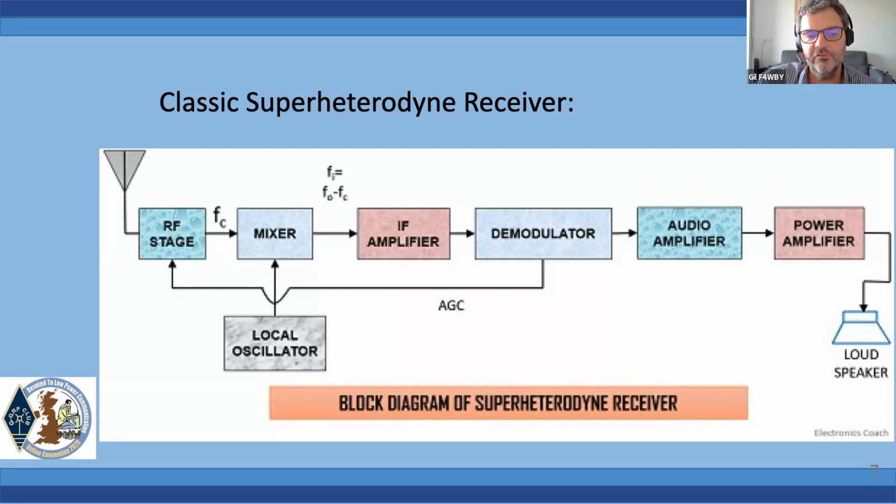So we are not actually... Oh no, that's the superheterodyne. Okay, so I was already ahead of myself here. So RF stage, the frequency received is then mixed with a local oscillator, which will result in an intermediate frequency.